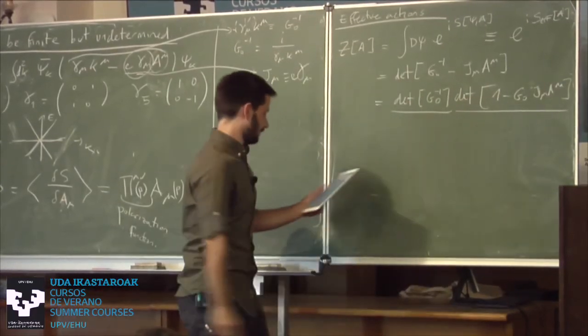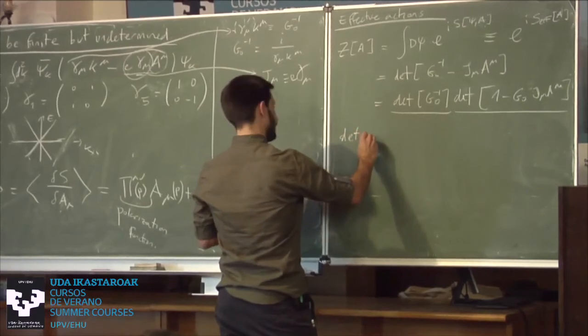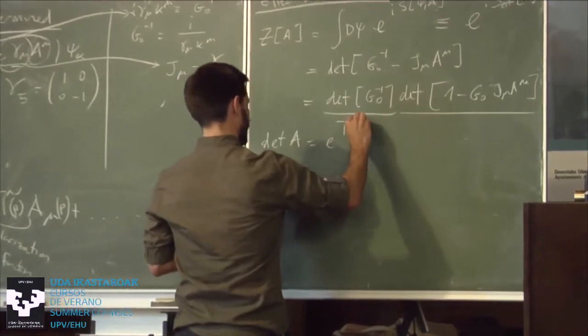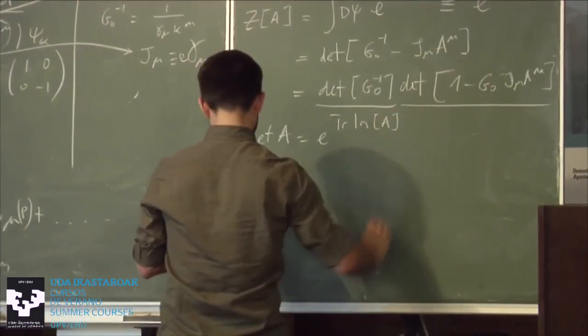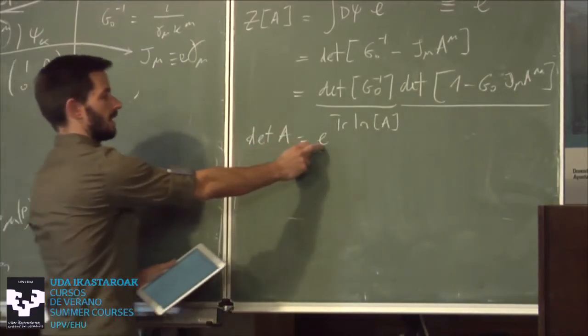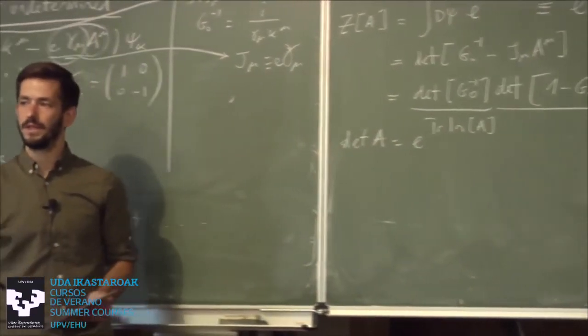So I have to calculate this object. How do I do that? I use another identity, which is very important and always used: the determinant of a matrix I can write as e to the trace logarithm of that matrix.